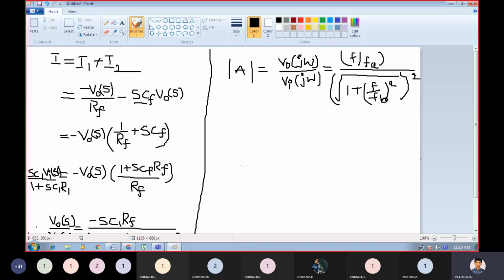See, from this equation, the gain value increases at 20 decibels per decade for FA less than FB. So one will be able to increase the gain of this practical differentiator at 20 decibels per decade for FA less than FB.